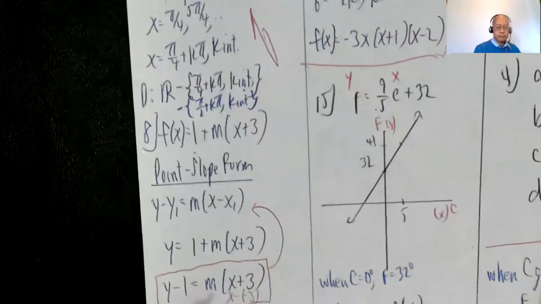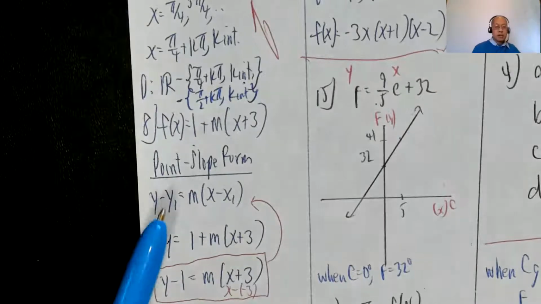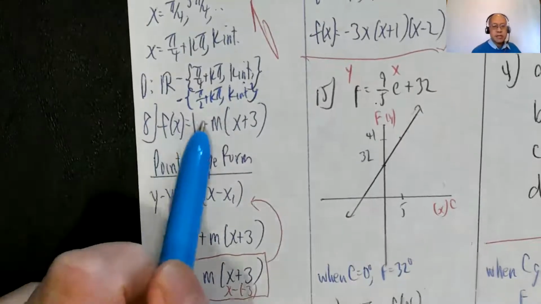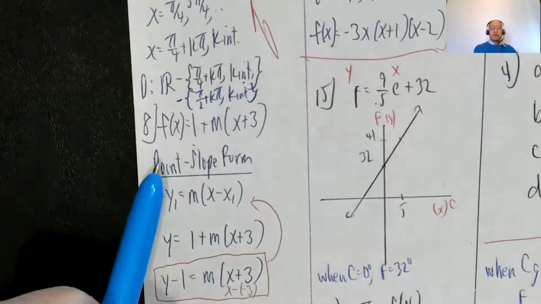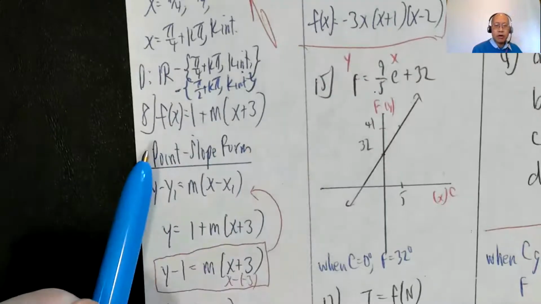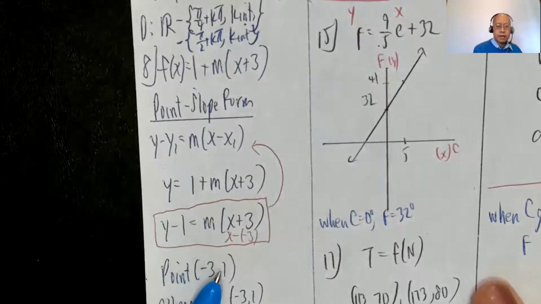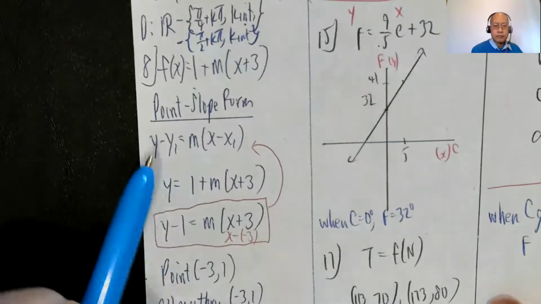Okay. Number 8 says f of x equals 1 plus m times x plus 3. Well, all of these lines go through the point negative 3 comma 1. So negative 3 comma 1 is a point in common. And then you just spin around to get a different slope.